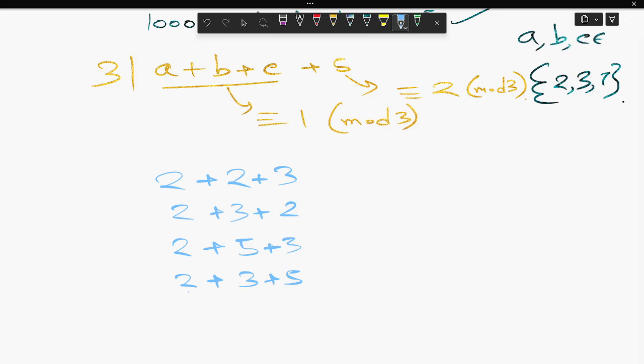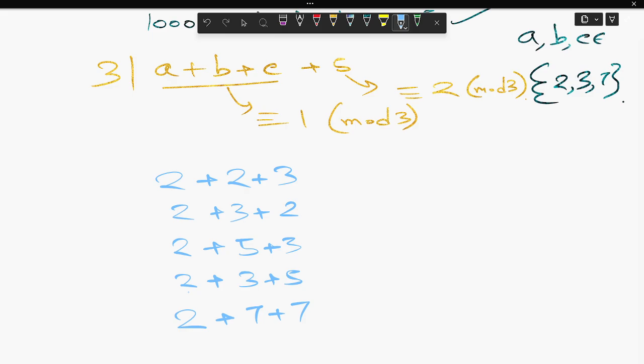So the first entry will be 2, then if we take 7 here, 2 plus 7 will be 9. So this kind of entry, 2, 2, 7, is not valid here, because 2 plus 7 would be... yes, we can take that here.